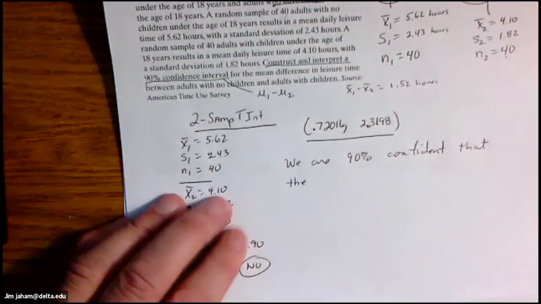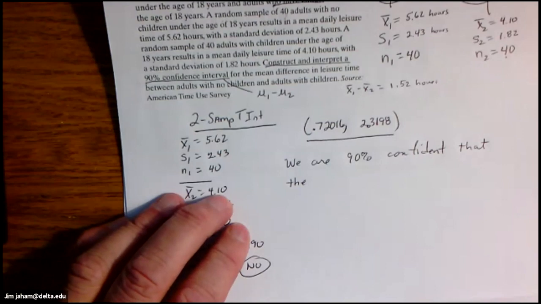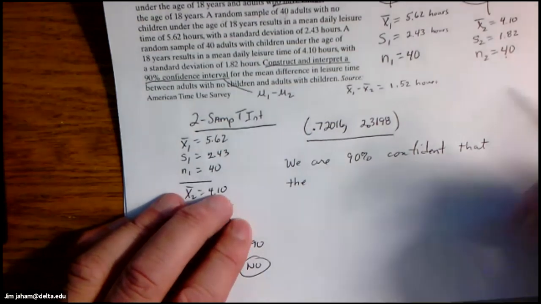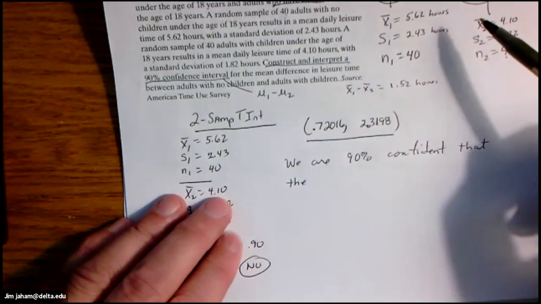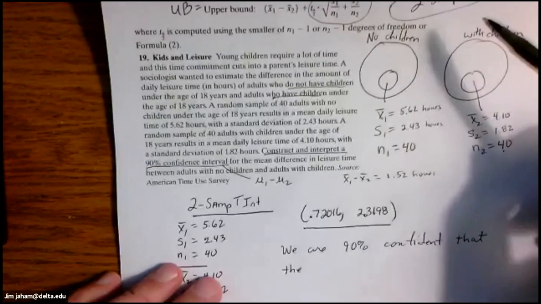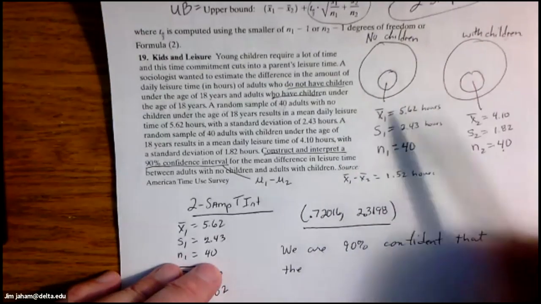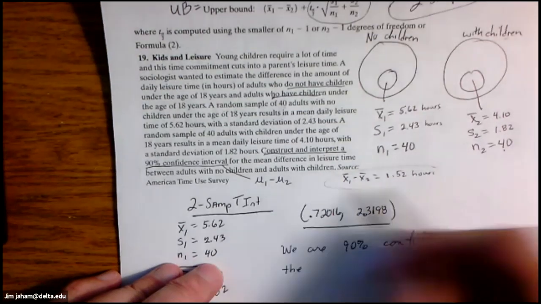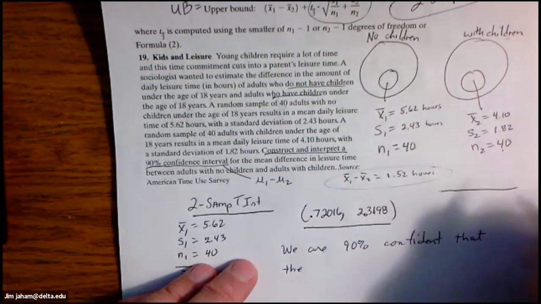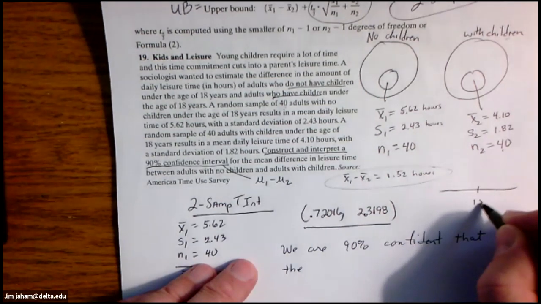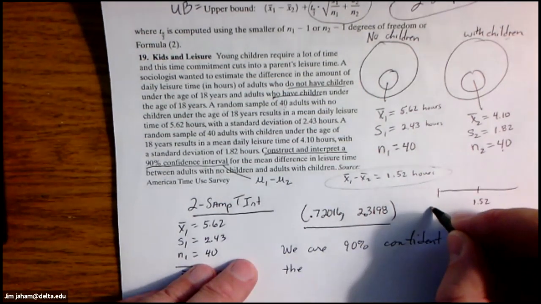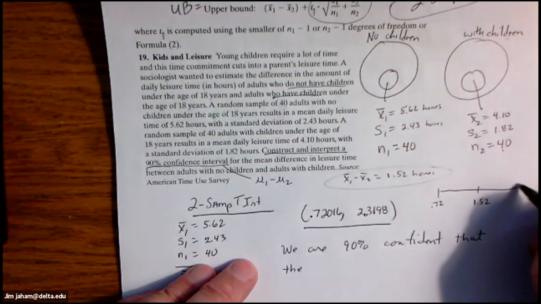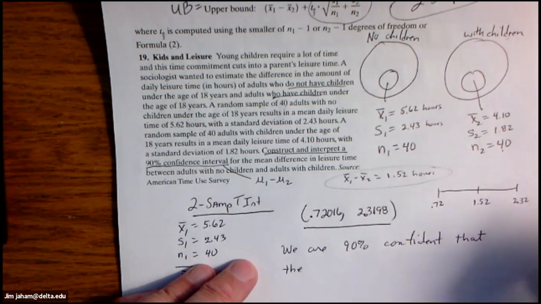All right, this thing that we are estimating is not the number of leisure hours from any one group, but it's the difference in the number of leisure hours. And guess what this is? This is your sample mean. So 1.52 is going to be right in the middle. Then over on this side, you're going to have the 0.72, and over on this side, you're going to have the 2.32. You can actually calculate the margin of error there.